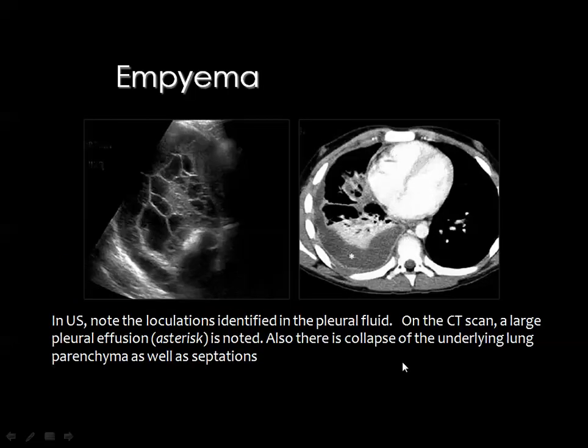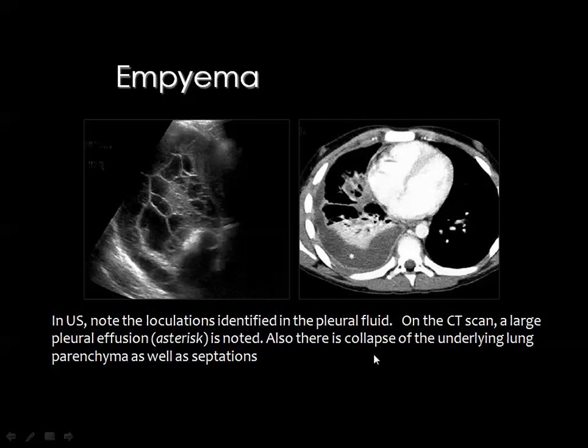This is a very important issue regarding ultrasound. And here you can see there is pleural collection and there are multiple internal septations, and these septations cannot be detected by CT.